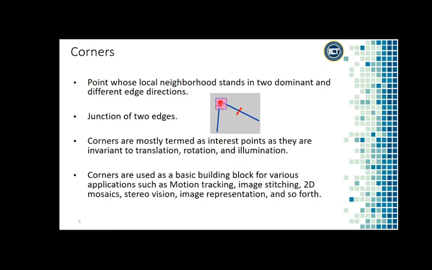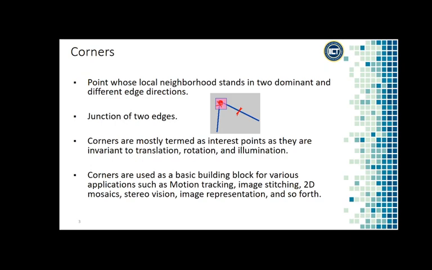Now, what I mean by translation is that if we move this particular image or this particular corner to the right or to its left, unless and until the corner gets out of view, it is still the most unique point in this whole image. So it's invariant to translation unless and until it is visible in that particular frame or in that image.